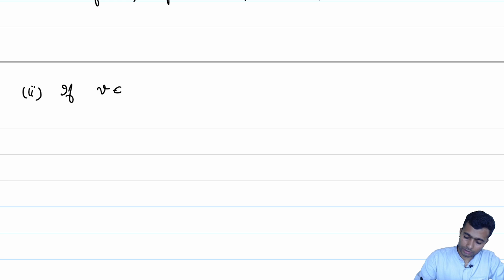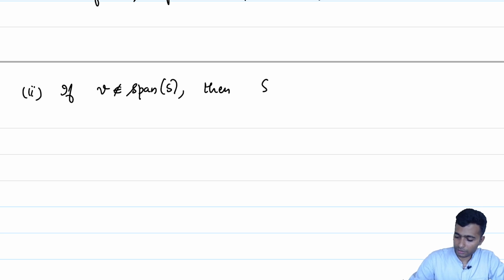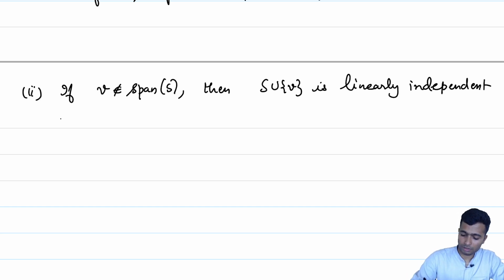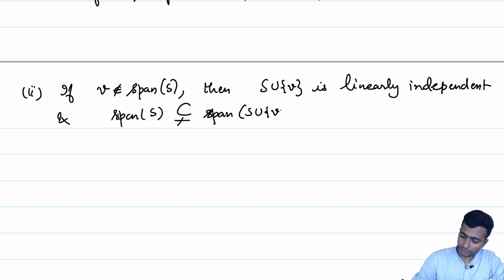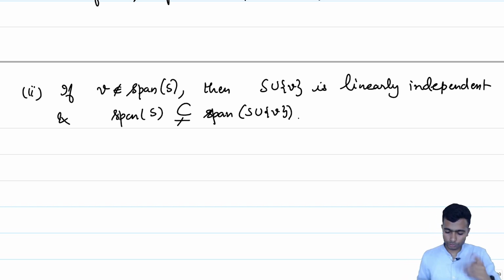If V is not in span of S, we want then S union V is linearly independent and span of S is a strict subspace of span of S union V. Okay, let us prove that. Let us prove the first statement first, that S union V is linearly independent if V is not in span of S.